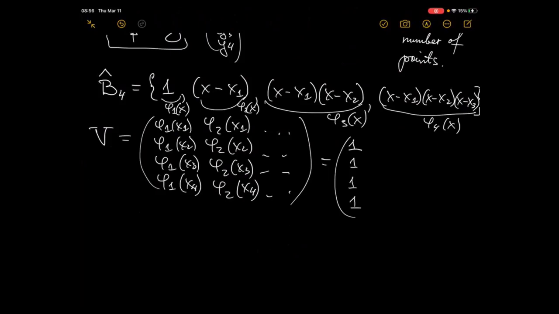When I substitute phi2 here, and here I have phi3 x1, right? Phi4 x1. Because I have the difference of x and x1, if I substitute x1 here, what will I get in the remaining entries of the matrix in the first row?